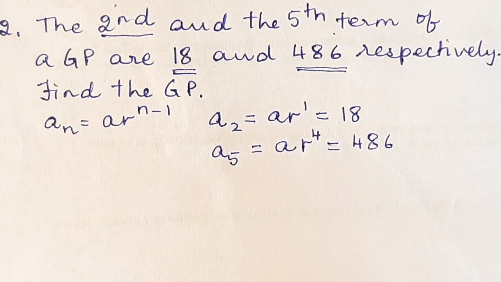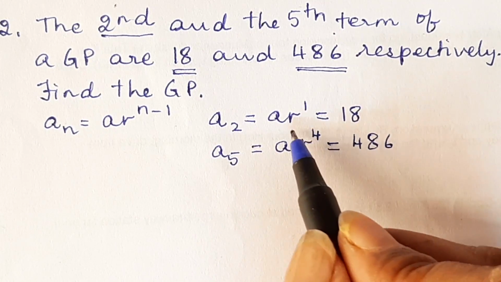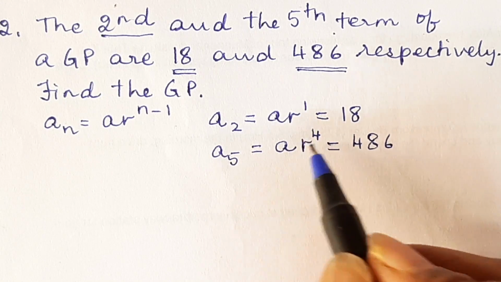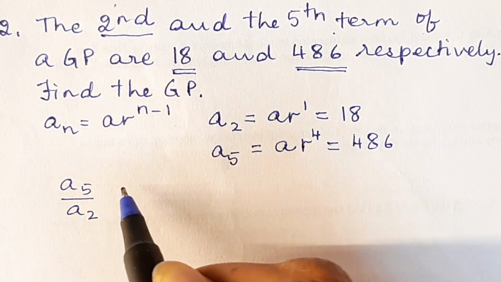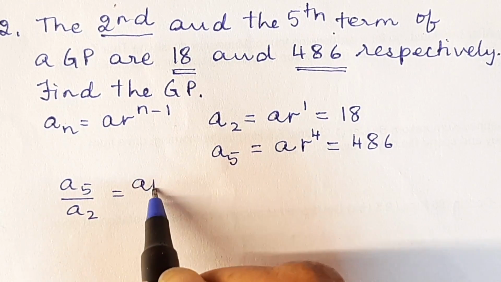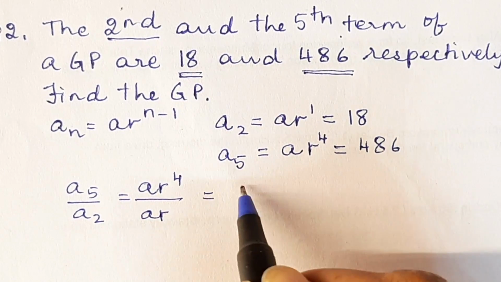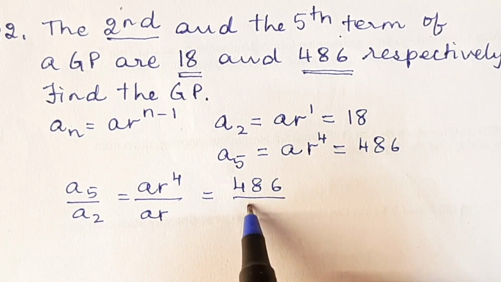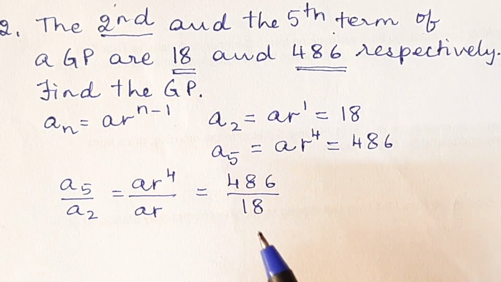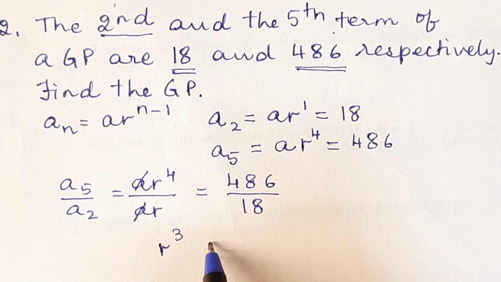Now, as we have been given the second term and the fifth term, we can see that here it's wiser to take the ratio between the two. So we will take a5 divided by a2, and that will give us ar to the power 4 upon ar, which is equal to 486, the fifth term, upon 18, the second term, and that will give us a getting cancelled, and we will have r to the power 3 remaining.